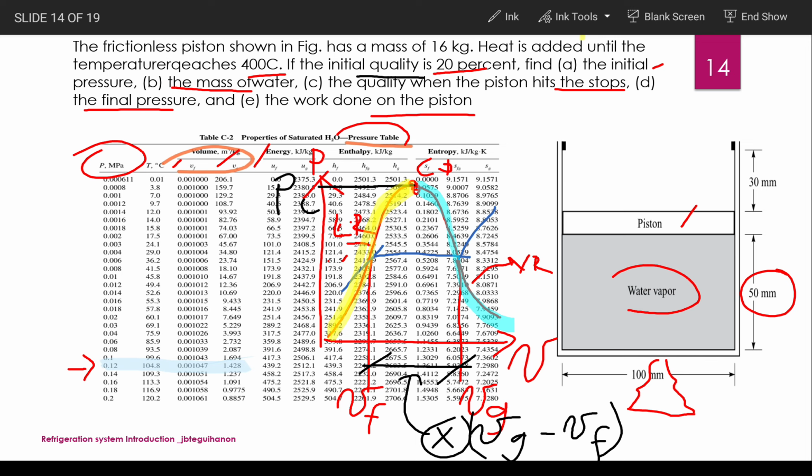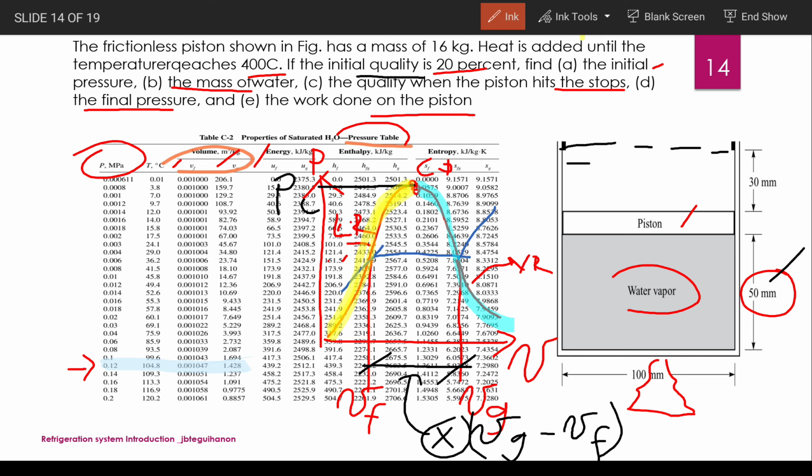So here is the 0.5, the initial height in the figure. But after it stops here, you have a stopper.